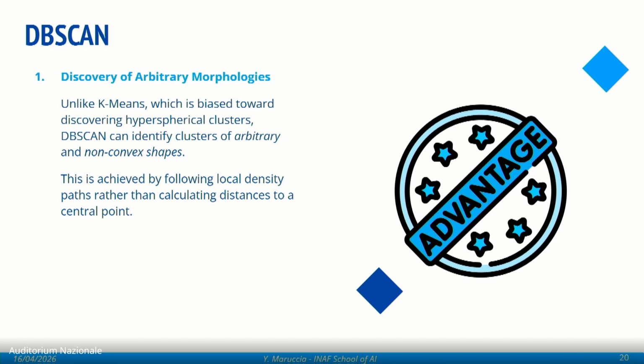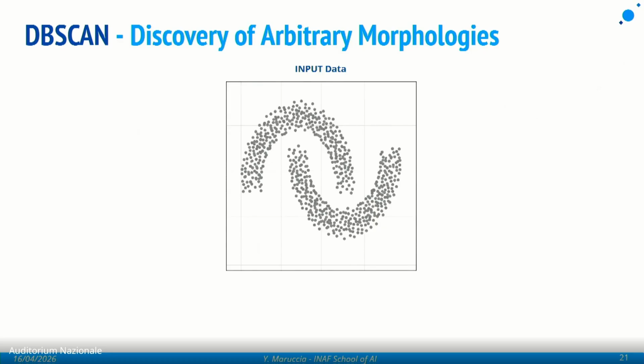However, the advantages are that we can discover arbitrary morphologies, and we have seen that we are working with a very particular shape of clusters, and this is different from k-means.